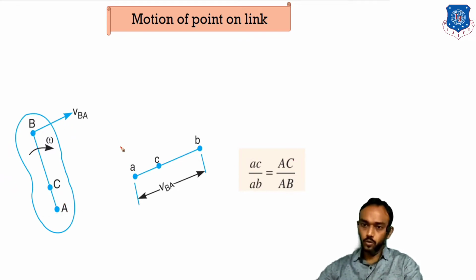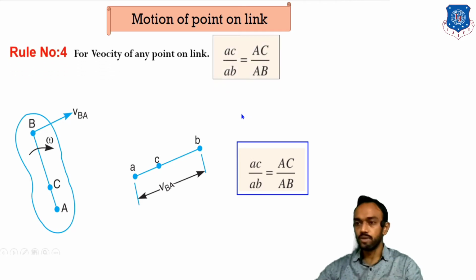After that you know the AB distance in the velocity diagram also. That's how you can find this AC, and this AC is nothing else but the velocity of C, perpendicular to the link. Remember that this is a very useful relation we always use when we want to find the velocity of any point on that link.